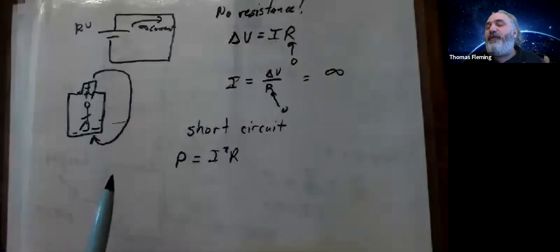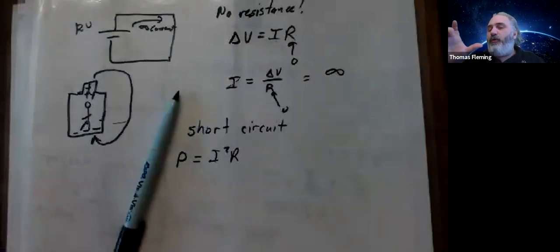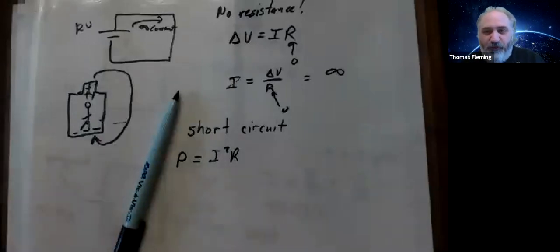Now, I do say that if you've ever done this, it's kind of cool. Take a piece of steel wool from your kitchen and lay it across the terminals of a 9-volt battery. Now, what will happen is every time you touch the steel wool to your battery, you're creating a little short circuit.